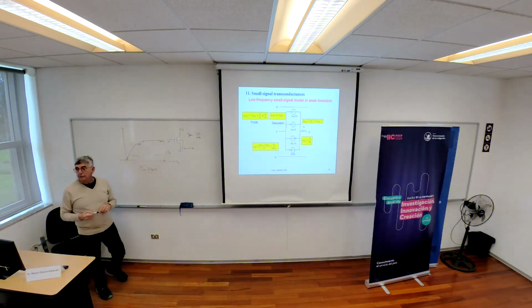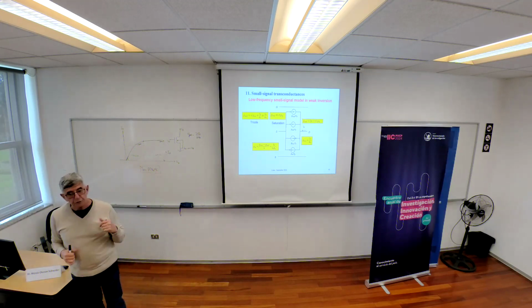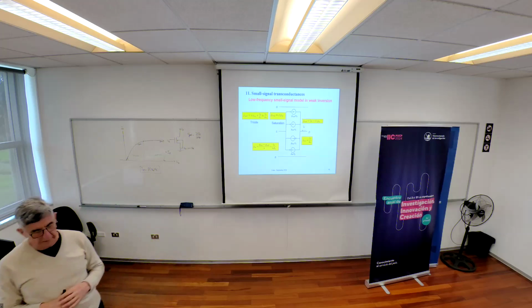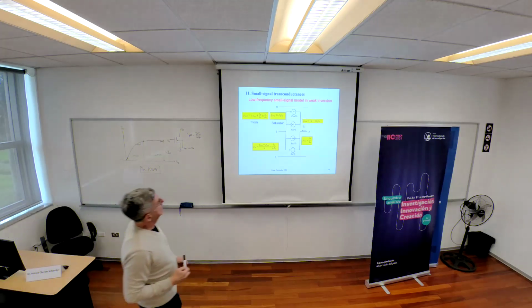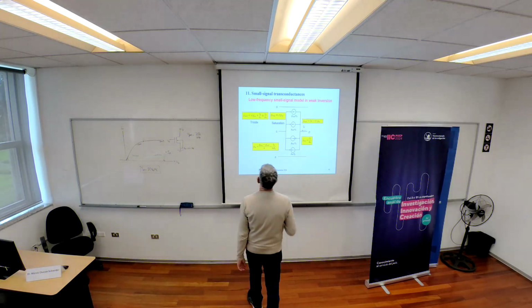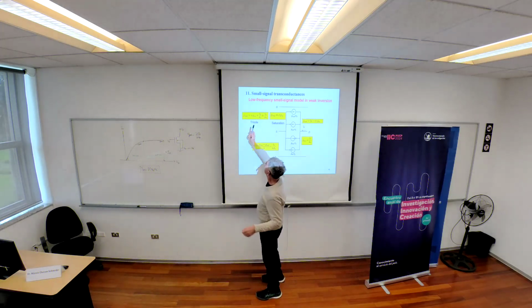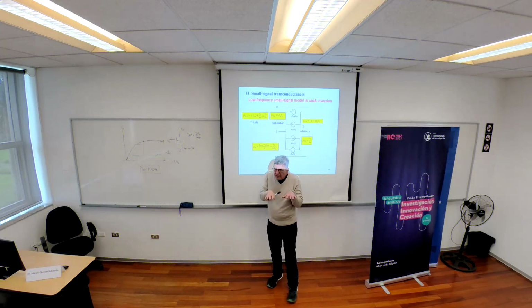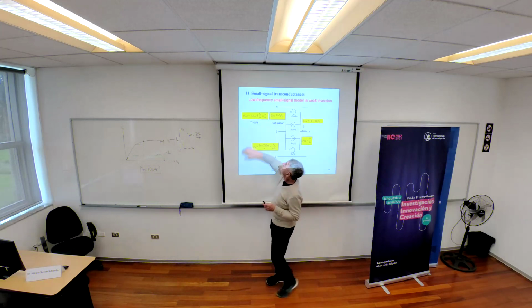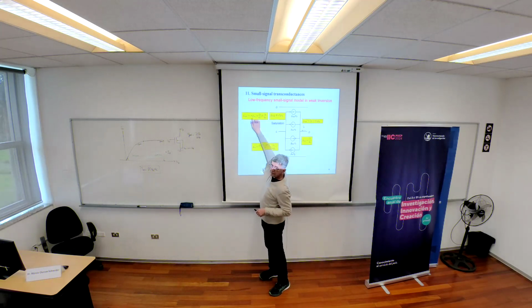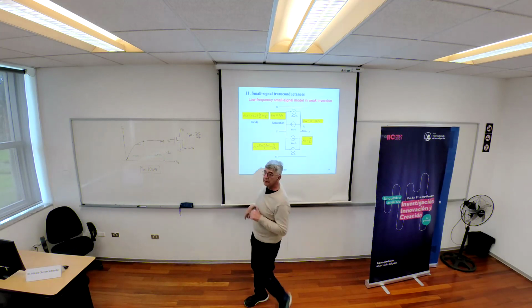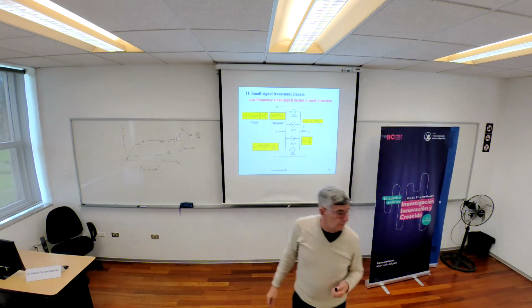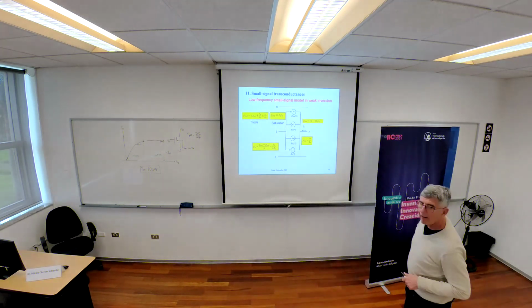GMD is the slope of the ID versus VD characteristic. Okay. But you know that when the transistor operates in saturation, this IR becomes very, very small. Then, in most of the cases, the dominant term will be sigma times GM. Okay?